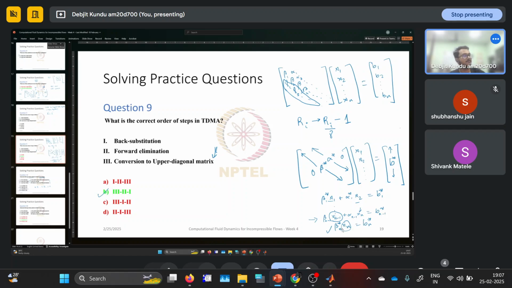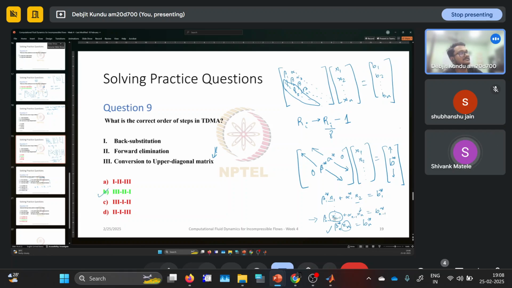So I have beta n into xn equal to bn. Here beta and b are known. X is the only unknown. So I find out what xn is. Then I go to the above equation, the n minus 1th equation. Over there, I have xn minus 1 and xn. Xn used to be unknown, but now that I have solved the previous equation, I know what xn is.